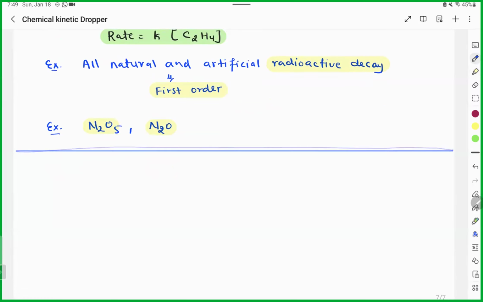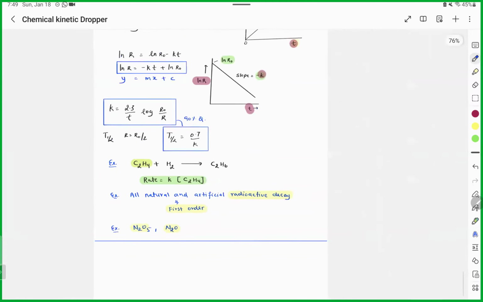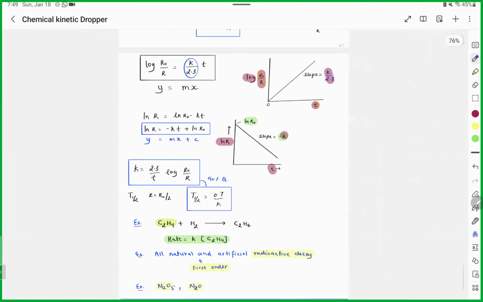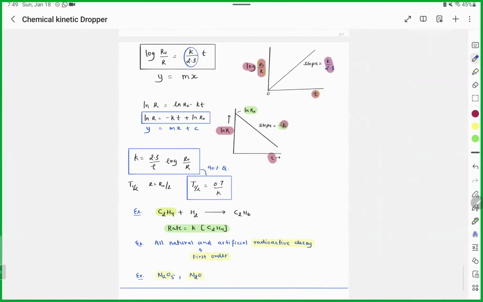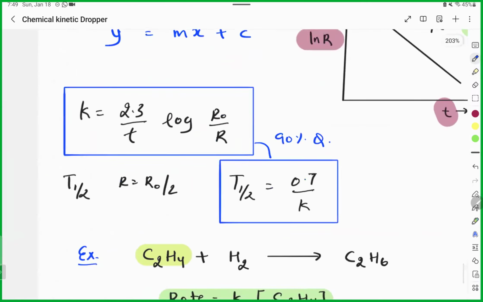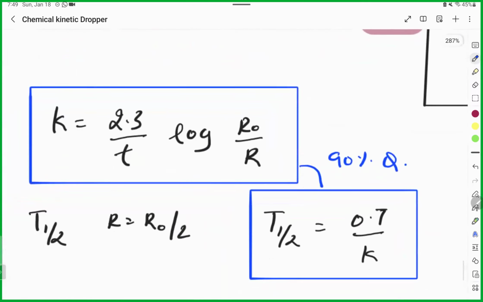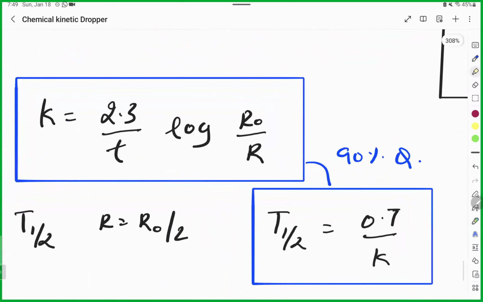Anybody have a doubt, let me know, because trust me, the majority of this chapter's questions are asked only from the first order reaction. And if you take only these two formulas, the majority of questions will be done. So you can't forget them at any cost. K is equal to 2.3 by T log R naught by R, and half lifetime does not depend upon the R value.